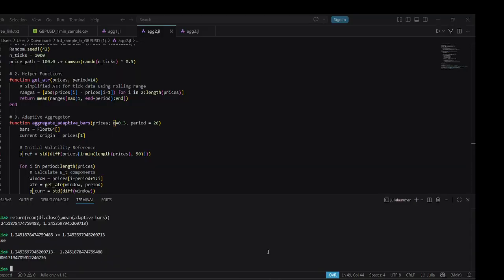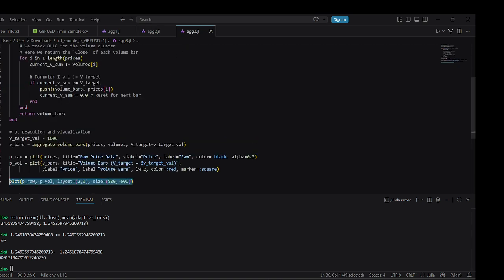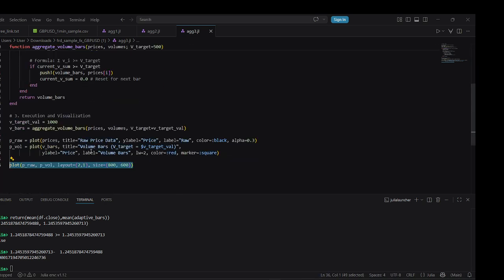Now, let's take a look at what a volume-based aggregation might look like. Here's the code. I'm not gonna touch on it, but let's check it out.